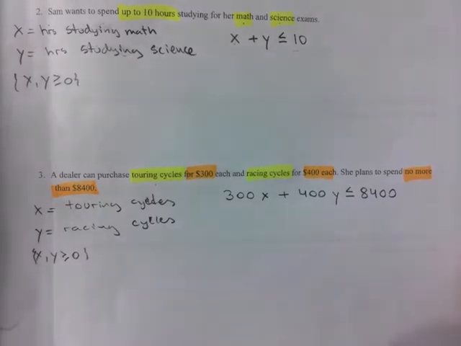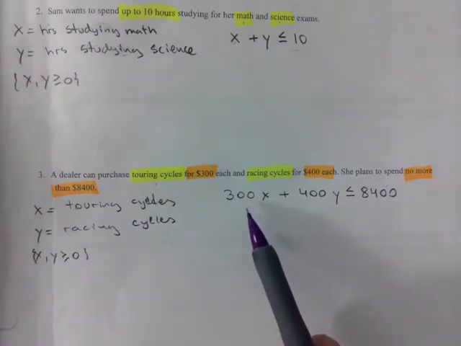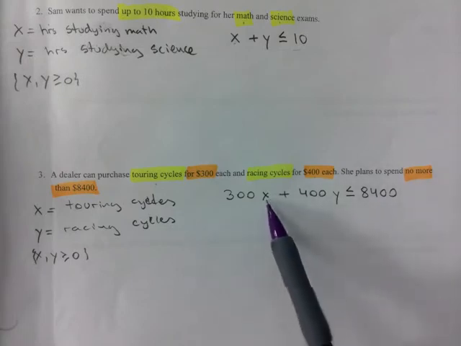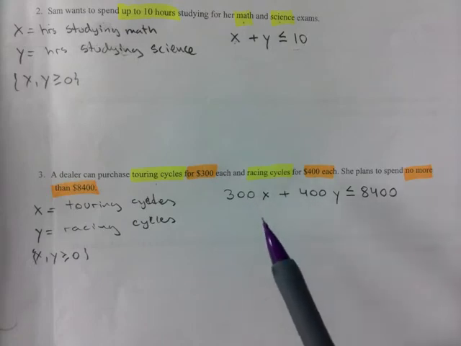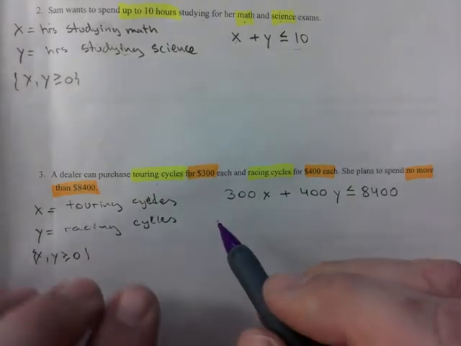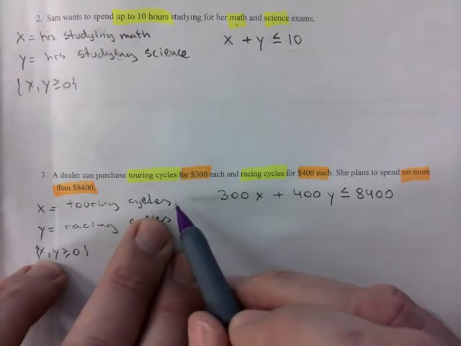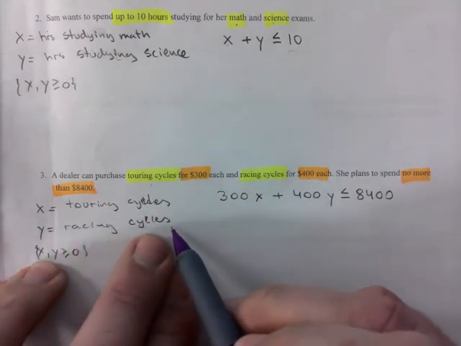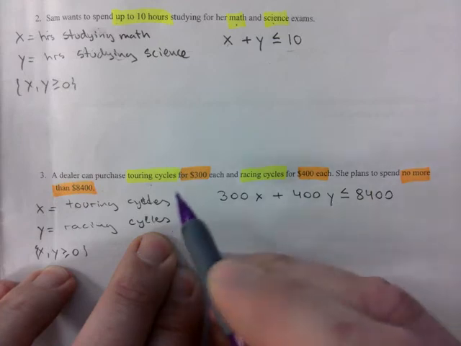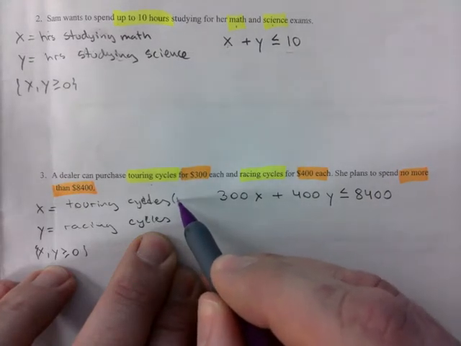That is, in this case, the inequality you're supposed to write. So sometimes it's just x and y. Sometimes x and y have a coefficient in front of it. So can I just go back? In this case, it only makes sense to say the number of touring cycles and the number of racing cycles.